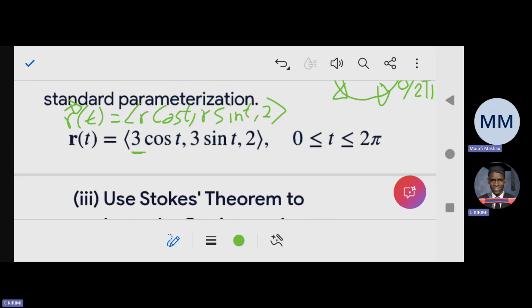The x coordinate, you have been told that it's cos t, the general form. Where there's r, you are just replacing it, since this circle has a radius of 3. So this is now the standard parameterization of the equation of r. But you must tell us t. t must range from what to what?